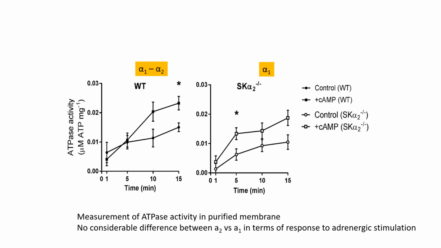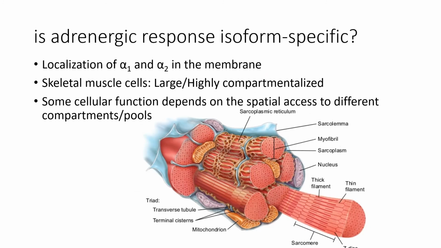But when I measured ATPase activity in purified membrane, not the whole muscle or myofiber, I got a somewhat contradictory result. Here, there is no considerable difference between alpha-2 and alpha-1 in terms of response to adrenergic stimulation.